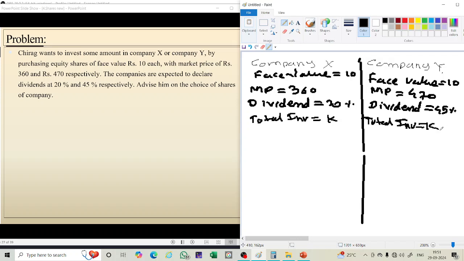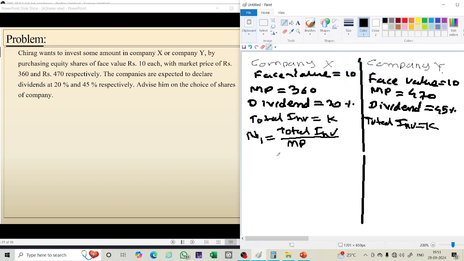Now from market price and total investment we get the number of shares, we call it N1. Total investment divided by market price, total investment upon market price.